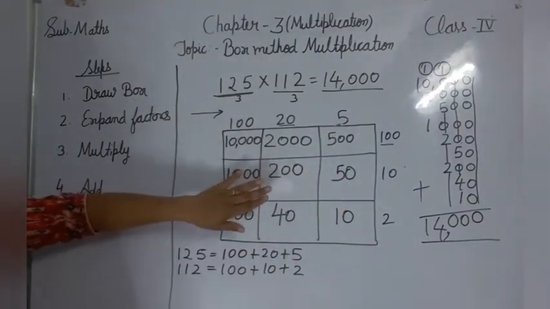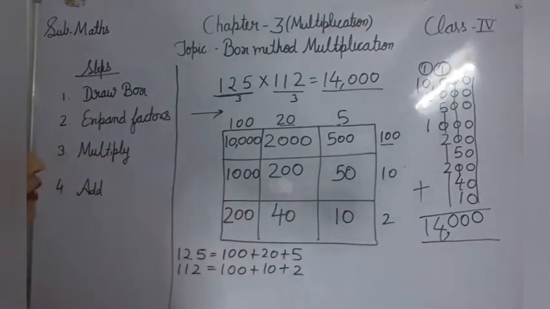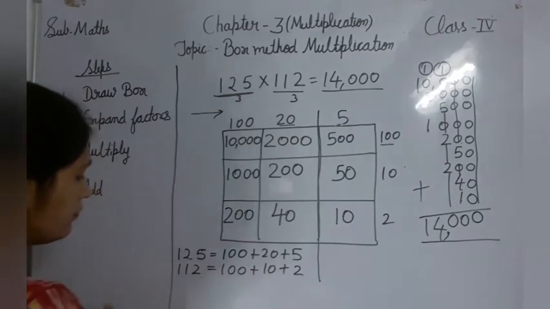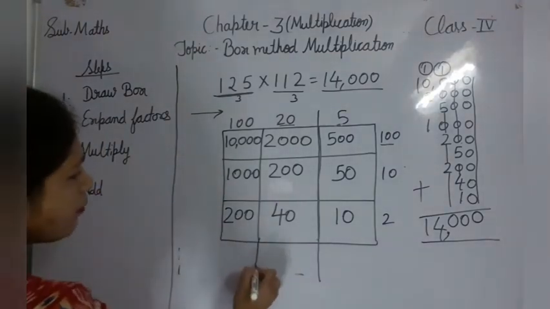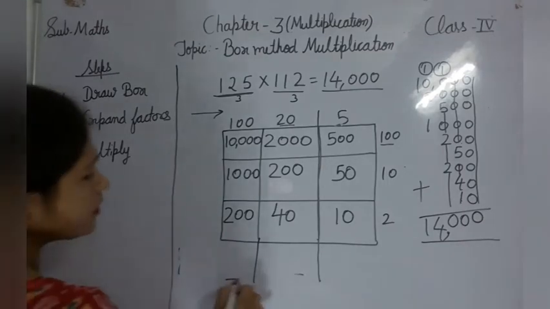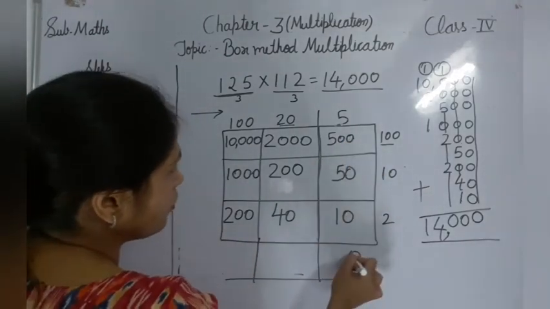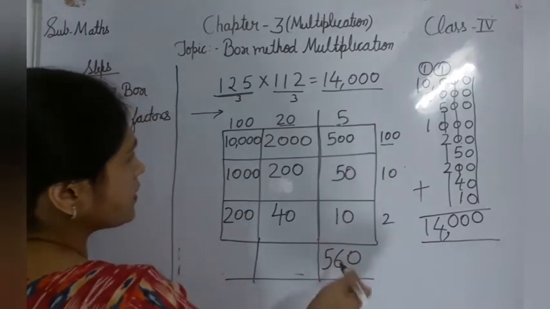Yes, it depends on you. If you are adding like this, you can add this, or what else can you do? Just add these 3 numbers here, these 3 numbers here and these 3 numbers here, then add them. If I am doing here 0, 0, 0, 0, 5 and 1, 6 and 5. So 560.